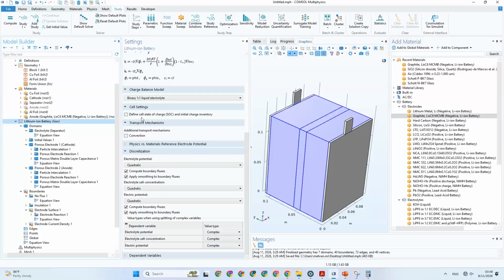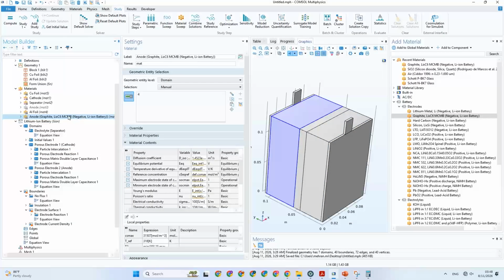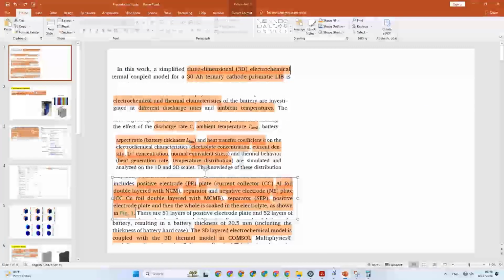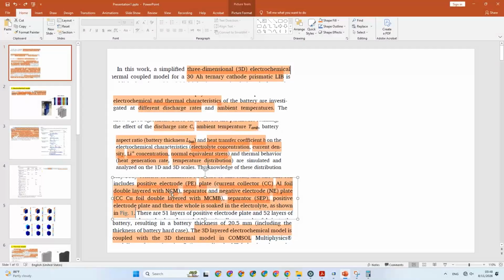I'll correct it, but at first let me add the material anode, and for cathode we have NCM cathode.